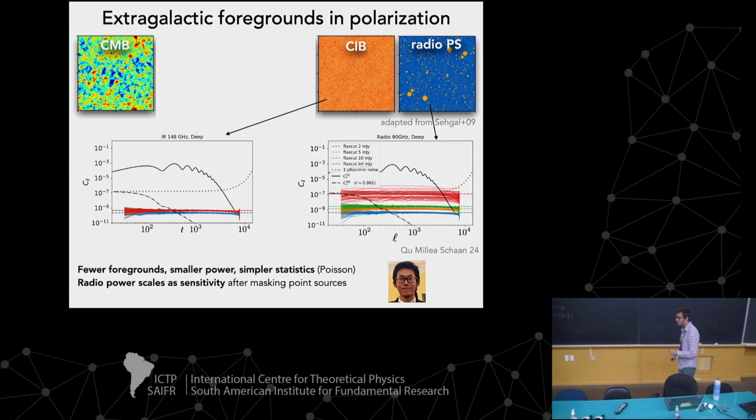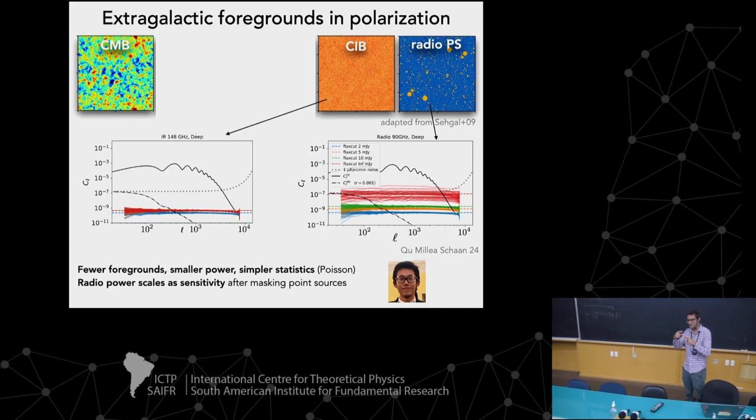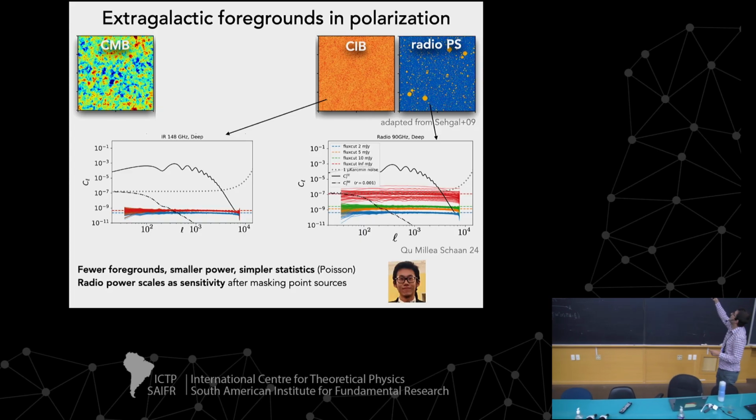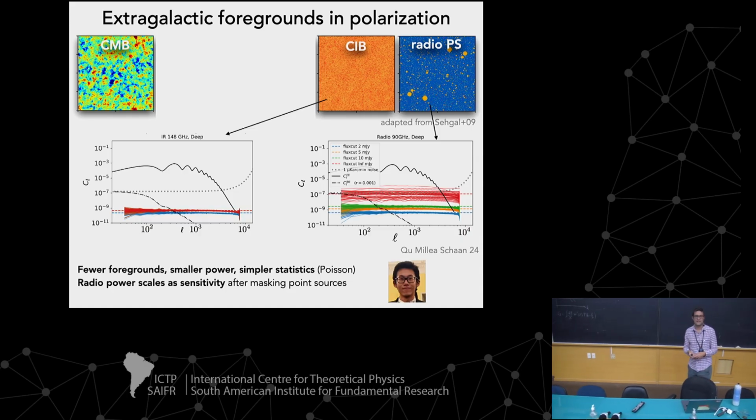And that's due to synchrotron radiation around magnetic fields, which can impart a polarization to the light. And you can have a residual dust polarization from dust grains that are not spherical and are aligned together. But life is easier in polarization because the polarization fraction for these two foregrounds is only of order 1%.